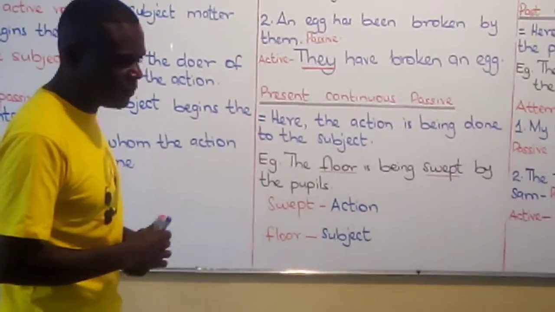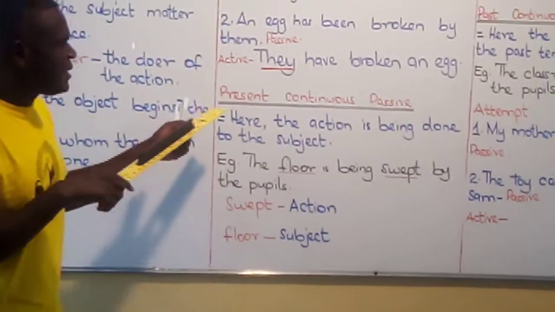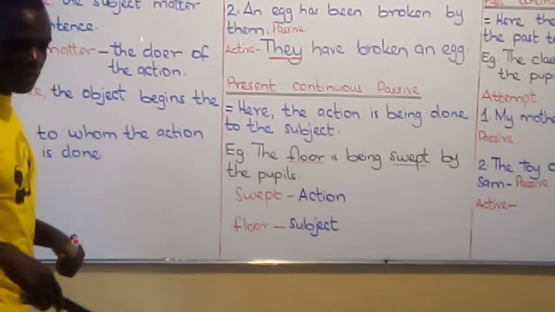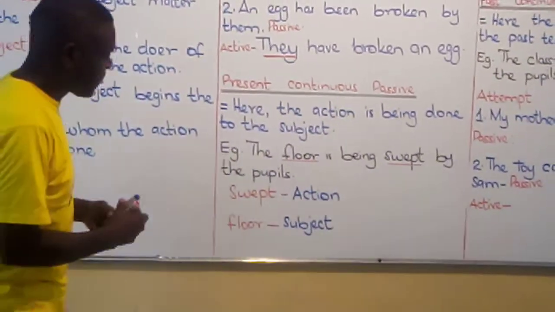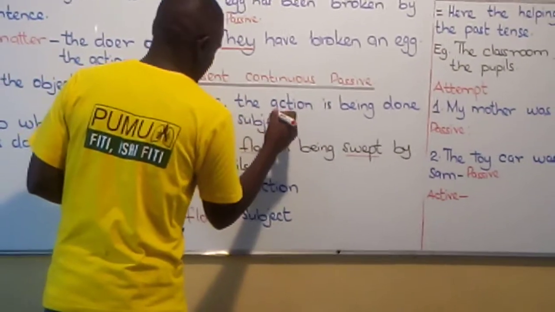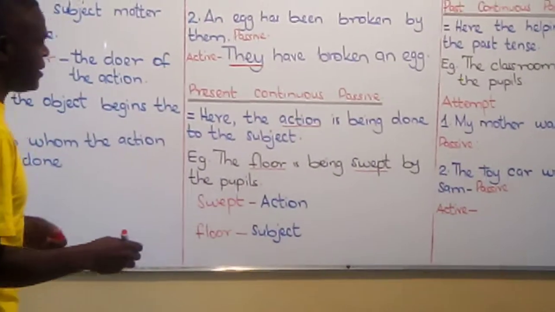Now let's go to this part. We also have present continuous passive voice. Present continuous passive voice. Here, the action is being done by the subject. Probably we have such a sentence.